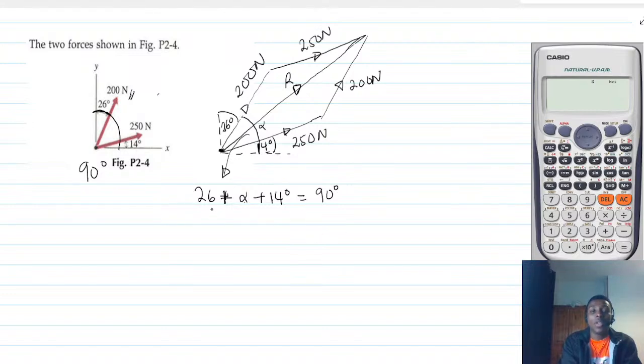Then I can say that alpha is going to be 90 minus 26 minus 14. And what is that going to be? So then that's going to be 90.